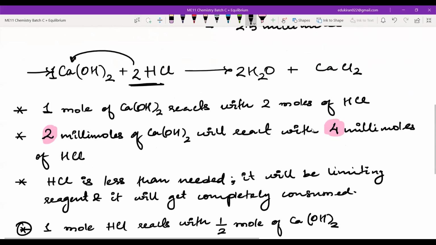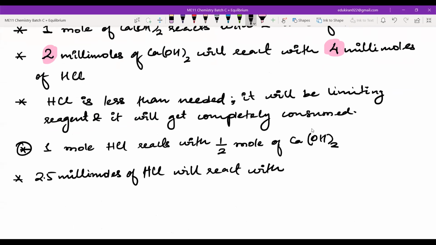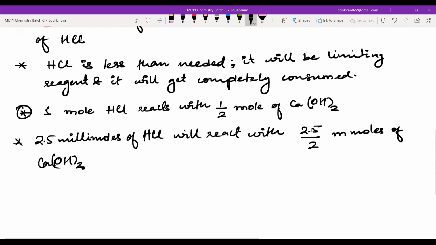And how many moles of HCl do we have? 2.5 millimoles. So we can also write that 2.5 millimoles of HCl will react with 2.5 by 2 millimoles of Ca(OH)2. Now the amount of Ca(OH)2 remaining.